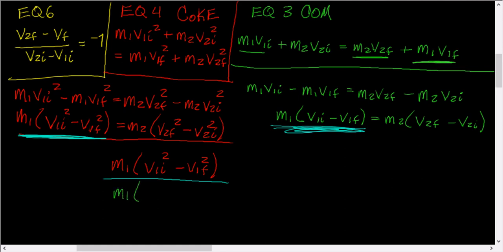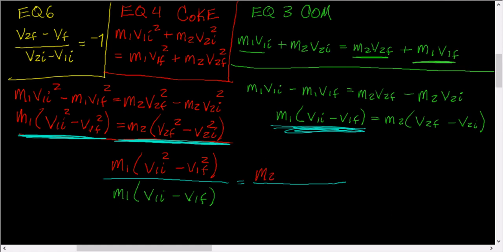So that has an m1, and then a v1 initial minus a v1 final. And we'll go ahead and repeat the same step on the right-hand side. So now I'm writing down the right-hand side of my rearranged kinetic energy equation.